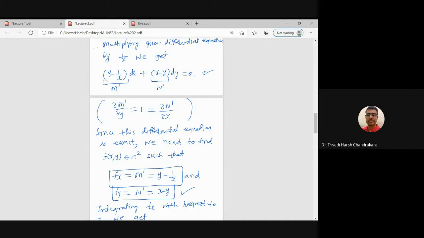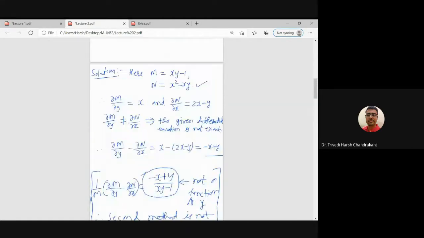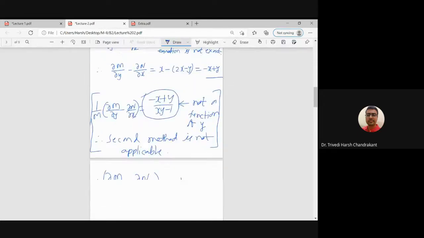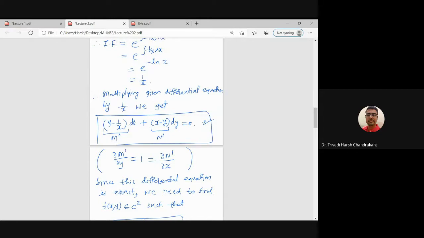So here you can observe that this example can be solved in a much simpler way also. For example, in this given differential equation, if you take x common from the second term, then you can guess that we can divide it by 1 by x, and then you will get this equation directly.